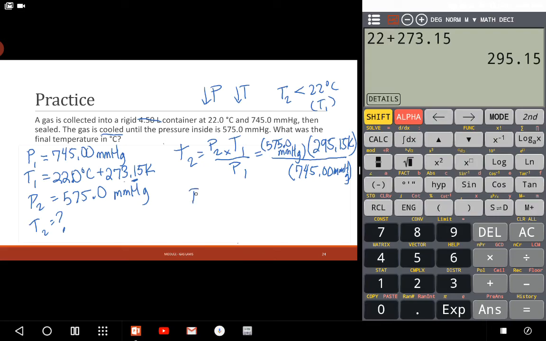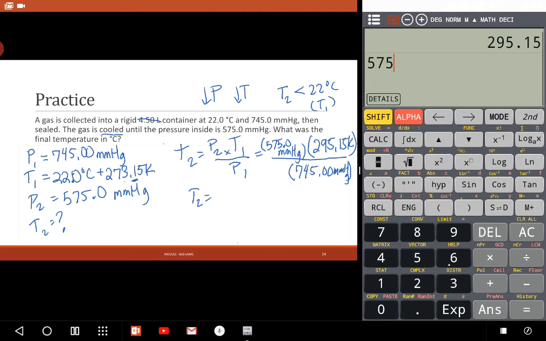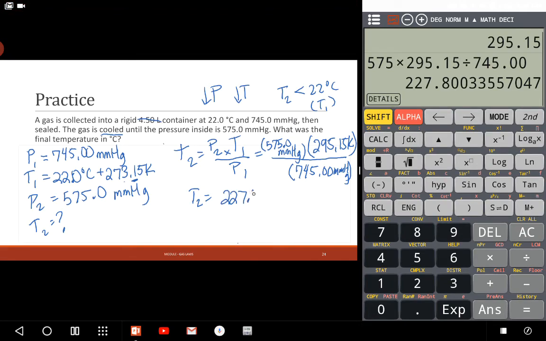So now I know that my T2 is equal to 575 times 295.15 divided by 745.0. And so T2 is equal to 227.80 in Kelvin.